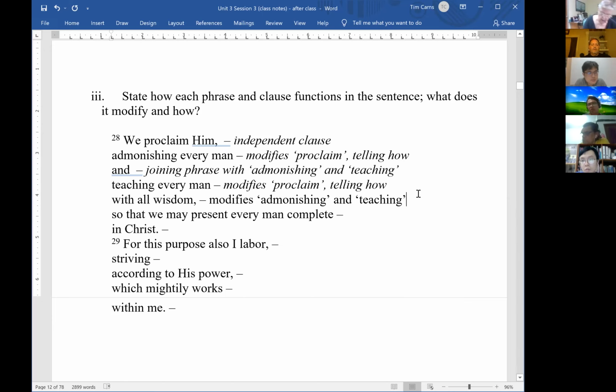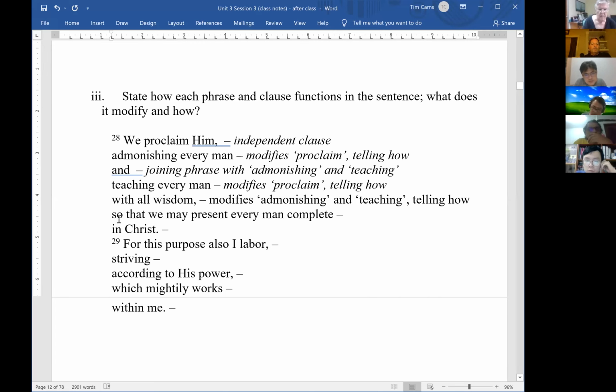And how does it modify, by the way? It describes what is being used to admonish and teach. So it's admonishing and teaching with all wisdom. So that would be describing how admonishing and teaching is taking place. Okay, so it's telling how, it's answering that question.